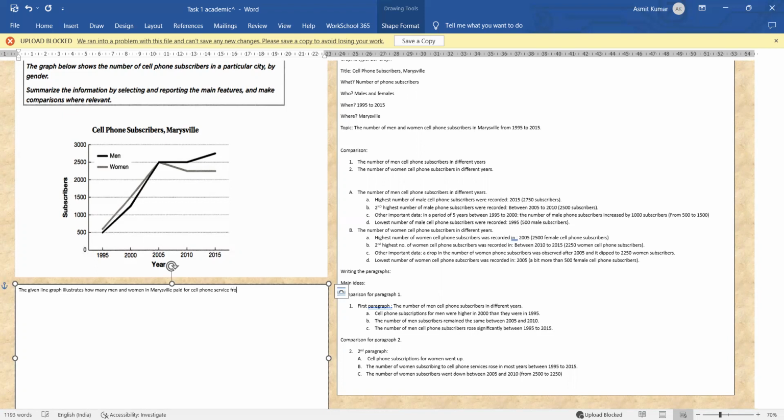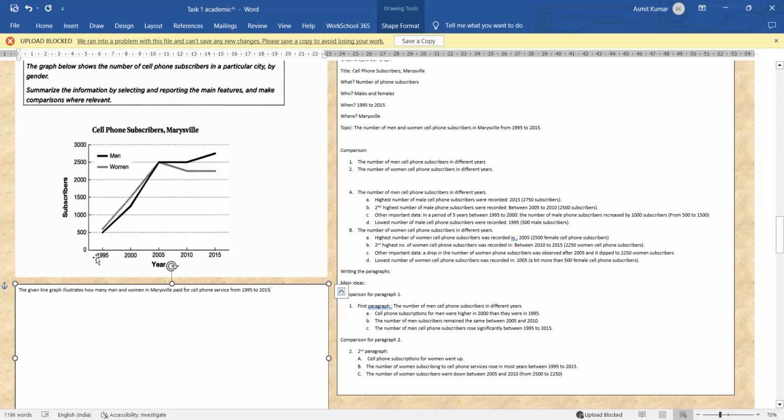If you are using between, then between and should be used. And with from, we should use to. So from 1995 to 2015. So this is the first statement.